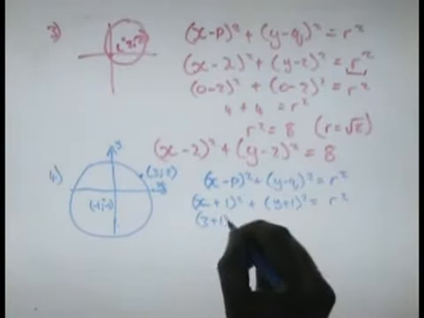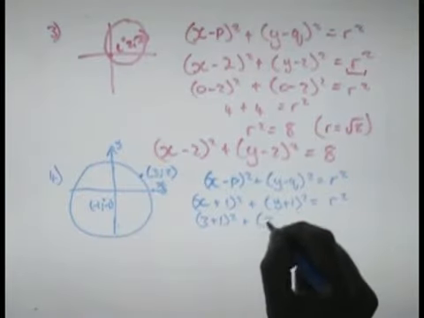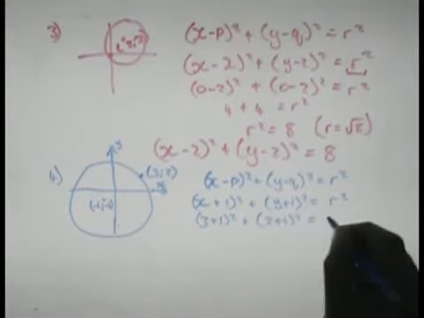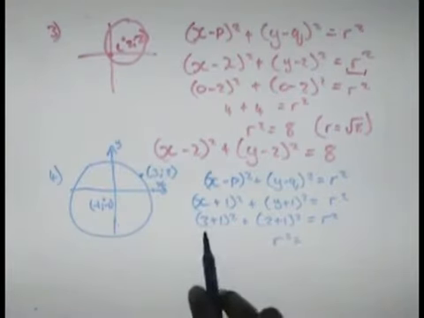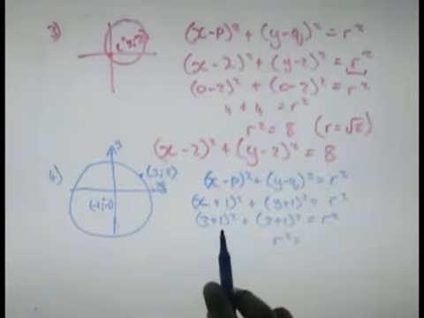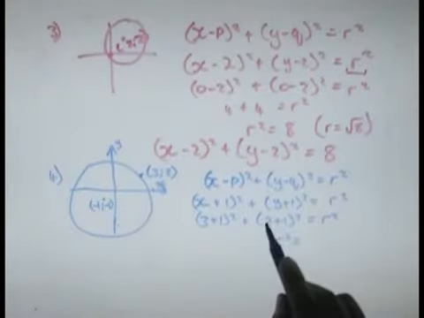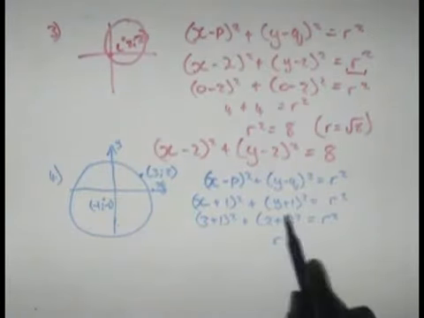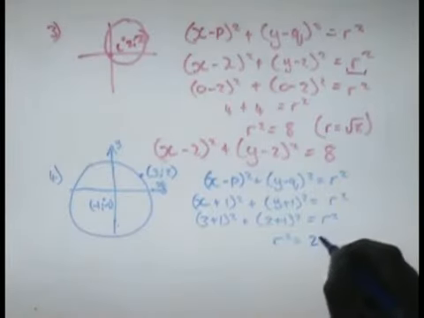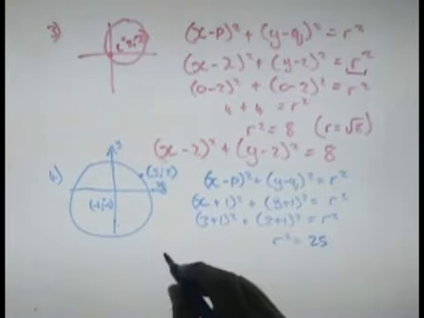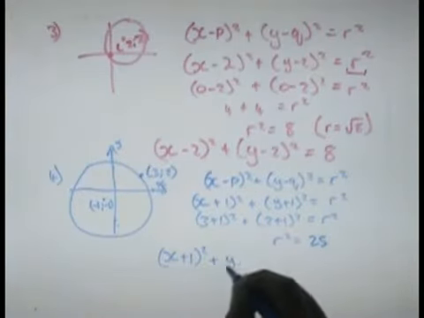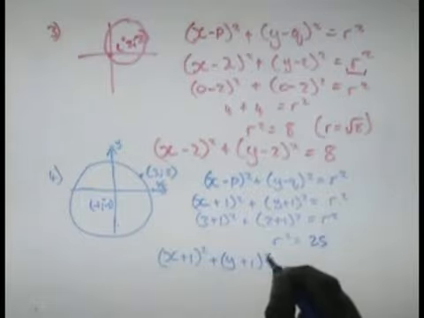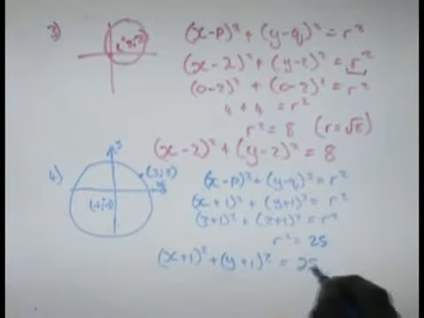That will be 3 plus 1 squared plus 2 plus 1 squared is equal to r squared. That means that r squared is equal to 3 plus 1 is 4, squared is 16, 2 plus 1 is 3, squared is 9, 16 plus 9 is equal to 25. That means that our equation now reads x plus 1 squared plus y plus 1 squared is equal to 25.